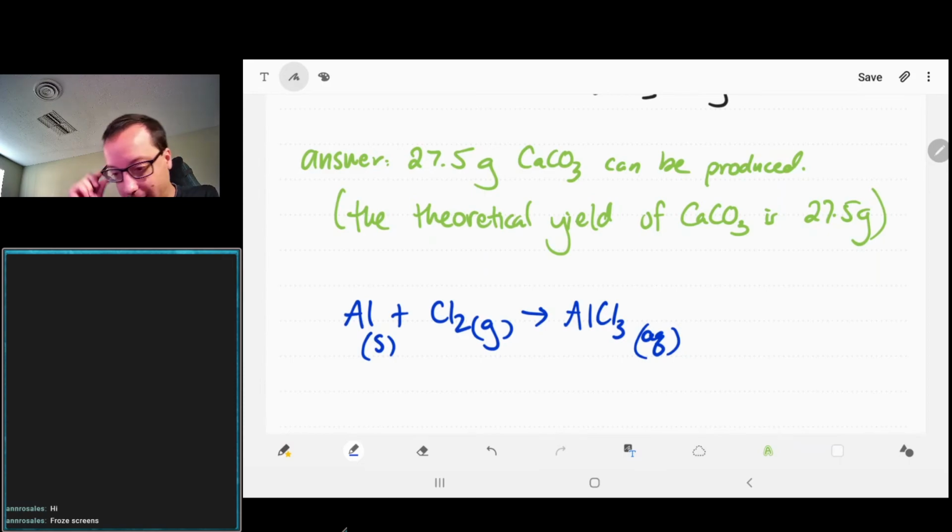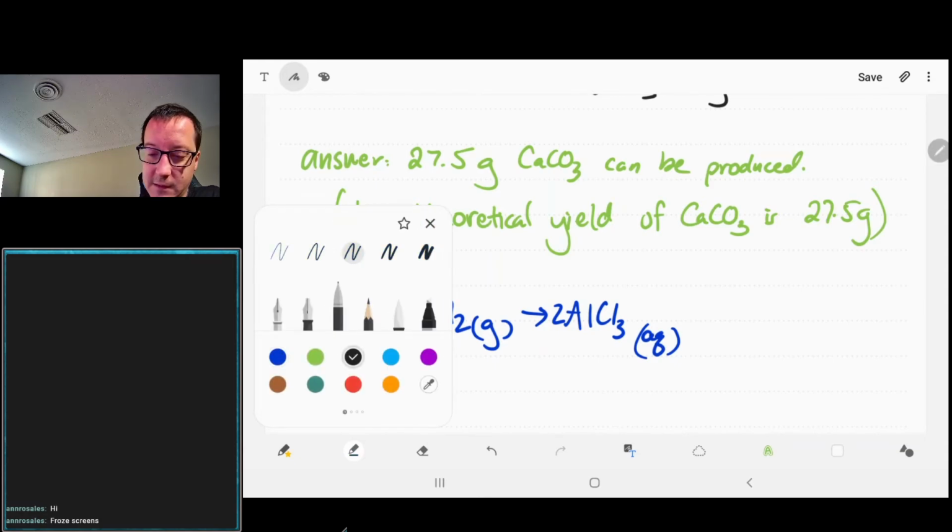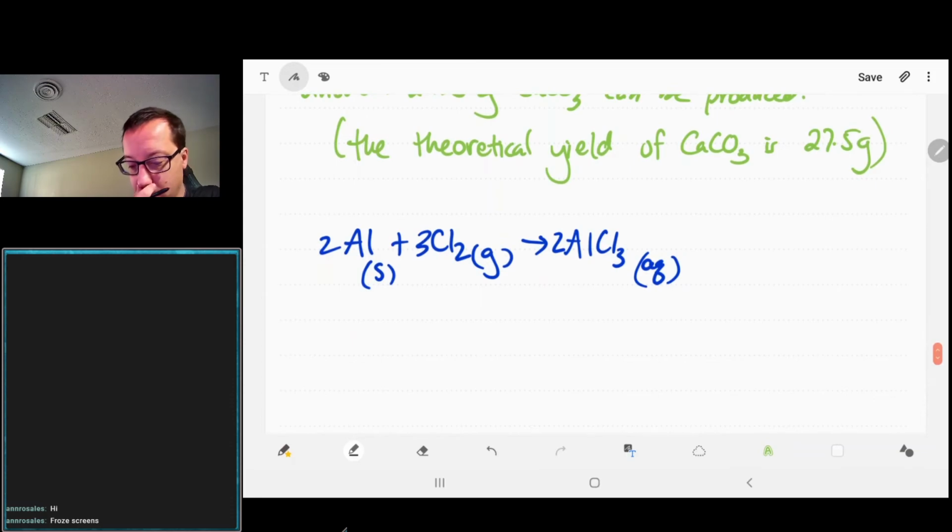Yeah, let's do something like this. I'll balance it for us. All right. So let's just say that we have this reaction here. I'm giving you the state symbols because they're a little bit unusual.